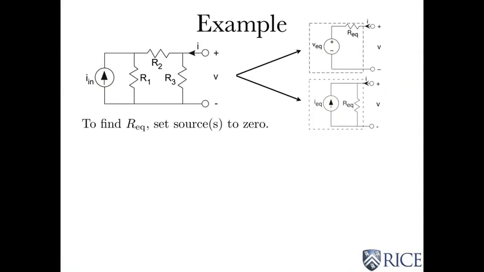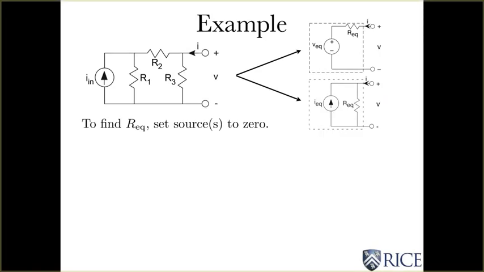So the first thing we can do is set all the sources to 0. If you set the voltage source to 0 in the Thevenin equivalent, it's a short circuit, and what you see from the terminals is just that resistor. If you set the current source to 0, that's the same as opening it up. And then again, you also see REQ.